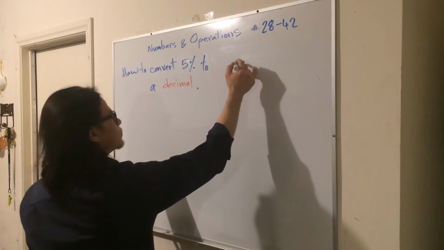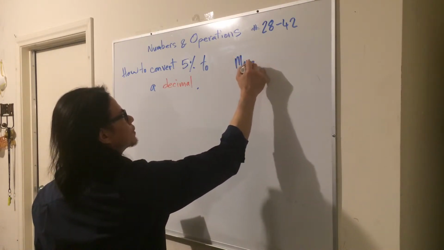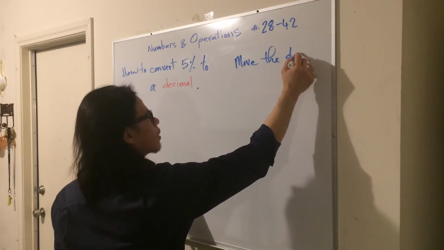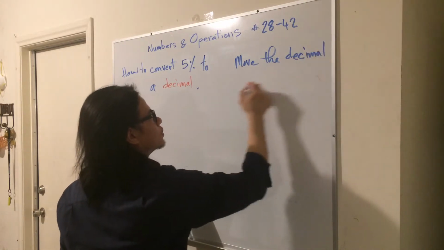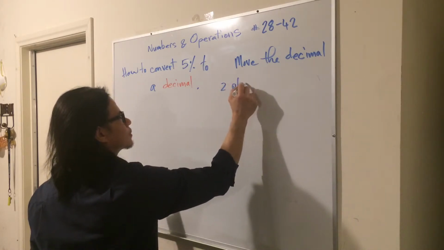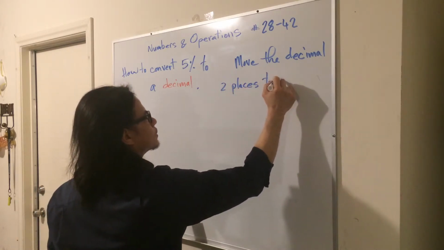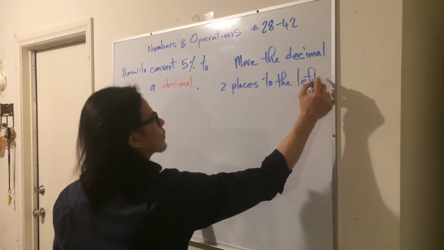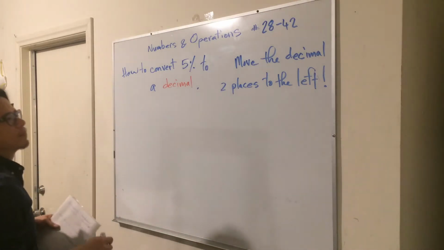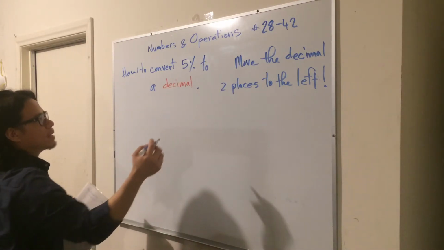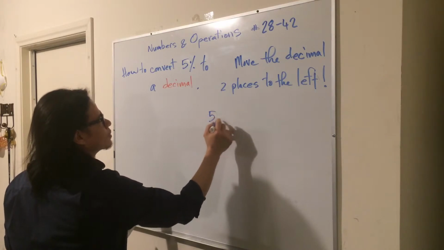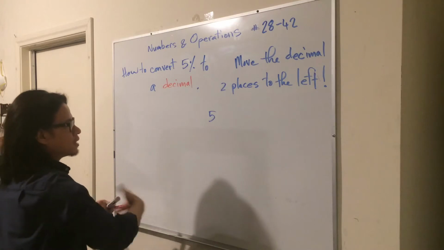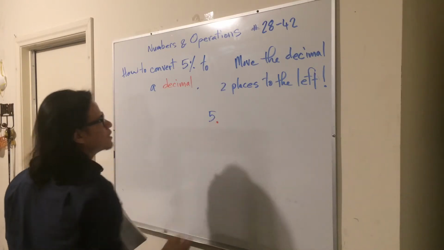Okay, so to figure this out, we're going to move the decimal two places to the left. So some of you might be thinking, hey, there's no decimal here in 5%. But if you don't see it right away, the decimal is right here.